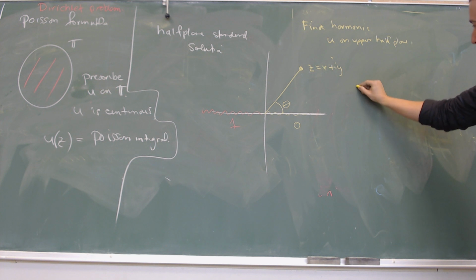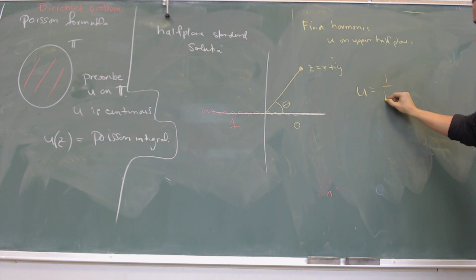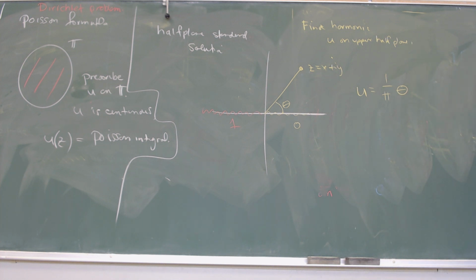U is equal to 1 over pi times theta. So my argument is that's a harmonic function and it has the right conditions at the boundary. What's that? That's pi, like the number. Yep. Just a number. Just a constant.